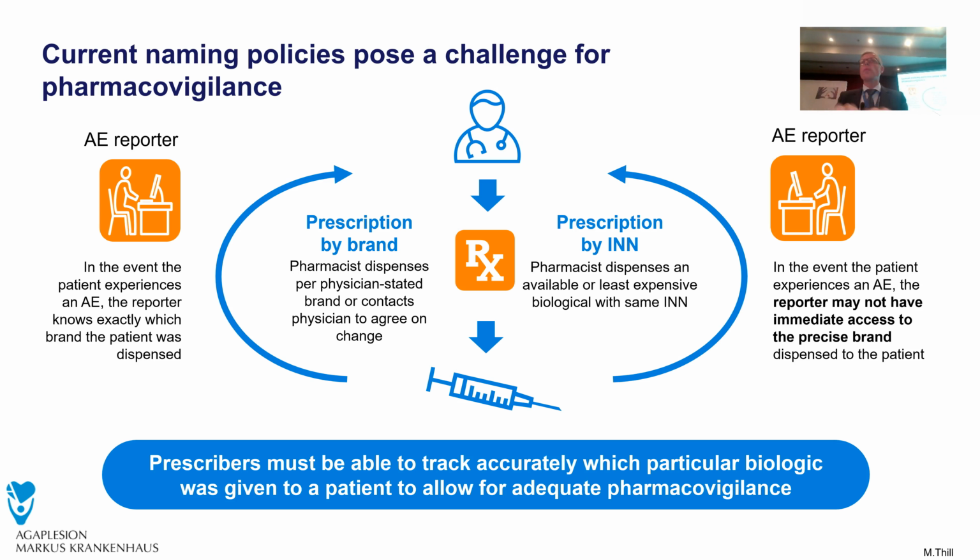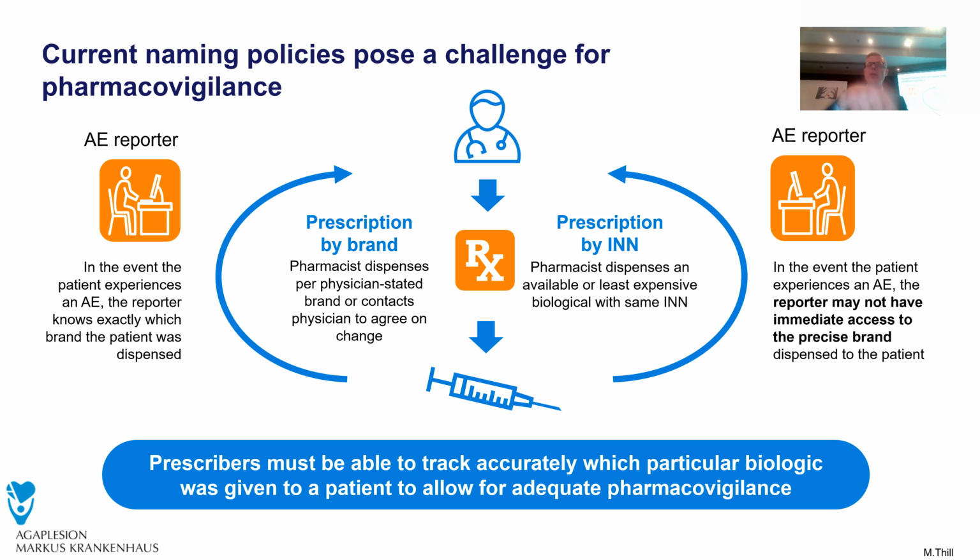Therefore, if you have to report adverse events, then you have to know the brand name in the end, because with prescription by INN, if I, as a physician, just write down Epoetin, then the pharmacist dispenses what is available and what is less expensive, and my hospital pharmacist will do this.